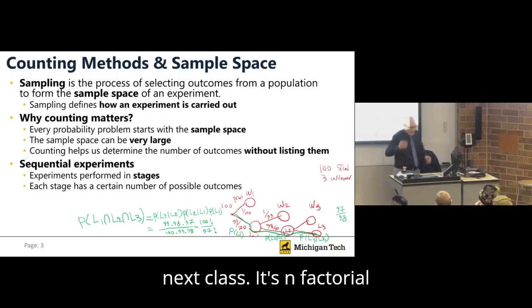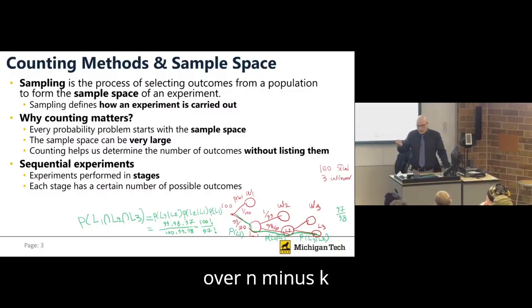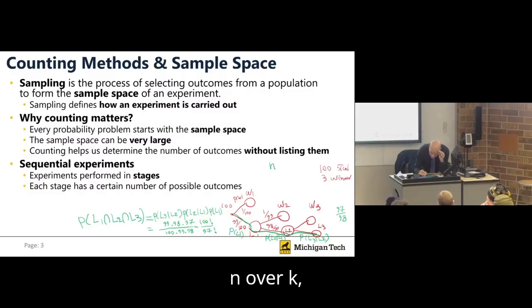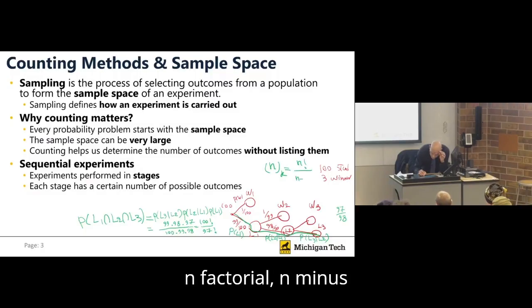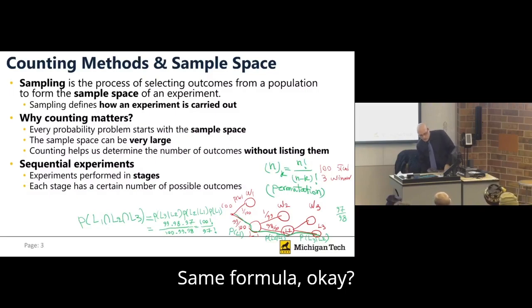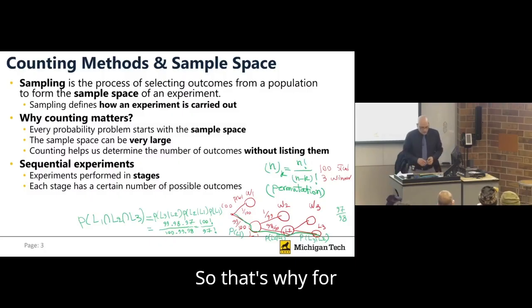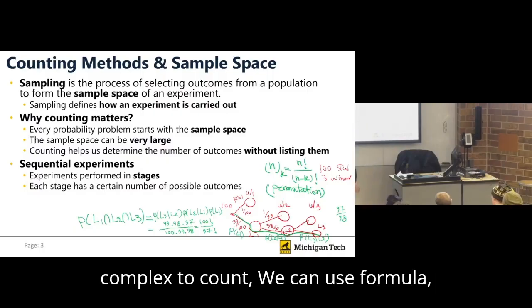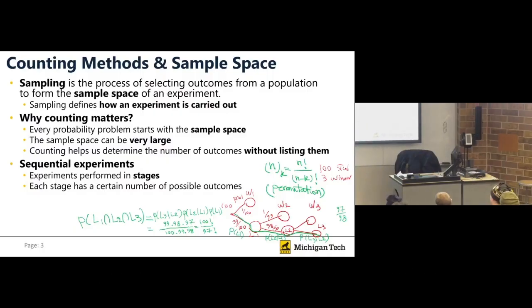We're going to see that next class: n factorial over n minus k factorial. And we can show that with n over k, n factorial, n minus k factorial. Permutation. Same formula. So that's why for sequential experiments that sometimes get complex to count, we can use the formula.